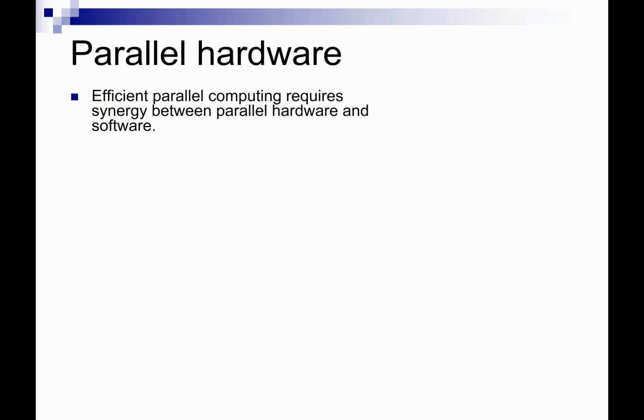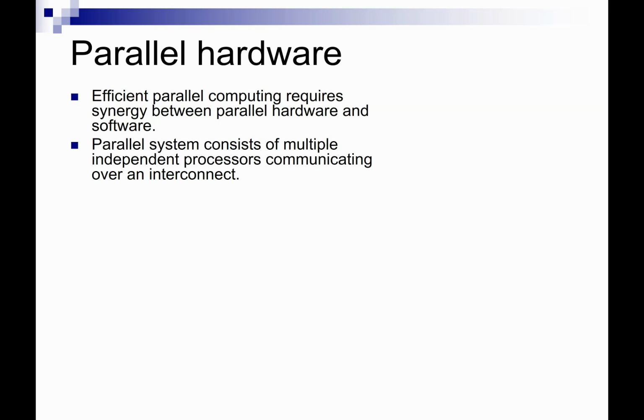But when you get to parallel computing, there are actually many different designs for parallel hardware. So when you write parallel software, you need to be very aware of the type of hardware that you plan to run on, and you need to make the software able to exploit the capabilities of your hardware.